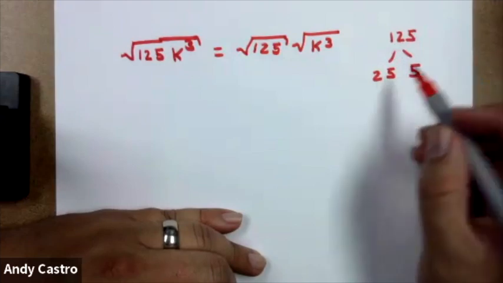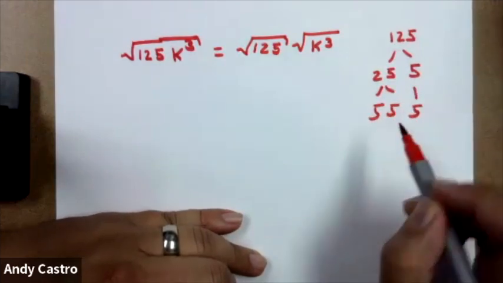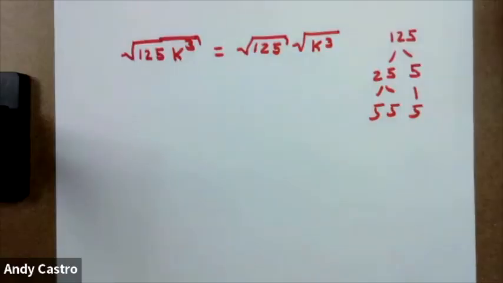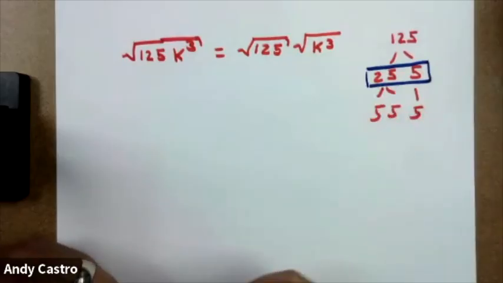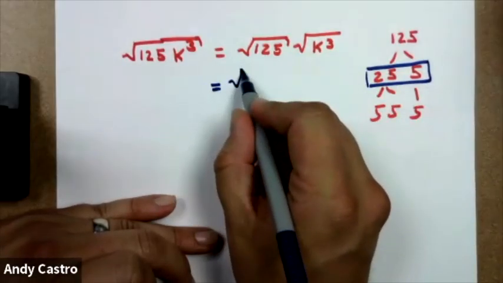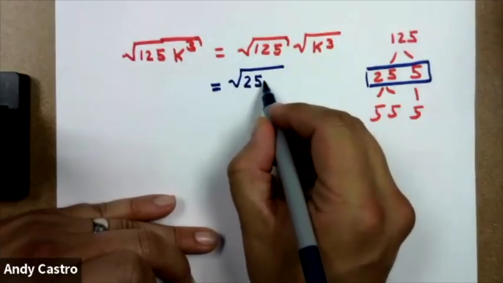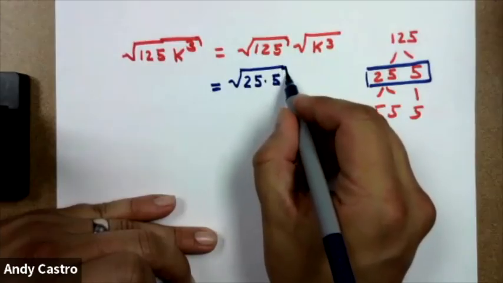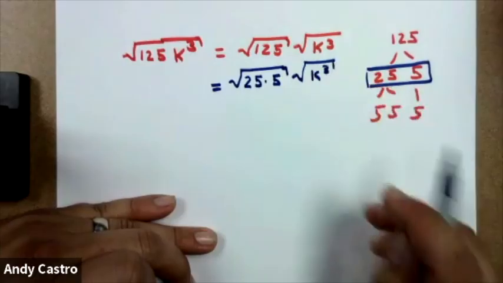And here I see a perfect square. 5 times 5 is 25. So I'm going to use that knowledge. I'm going to use this layer right here. So this square root of 125, I'm going to express as square root of 25 times 5 times the root of k to the third power.